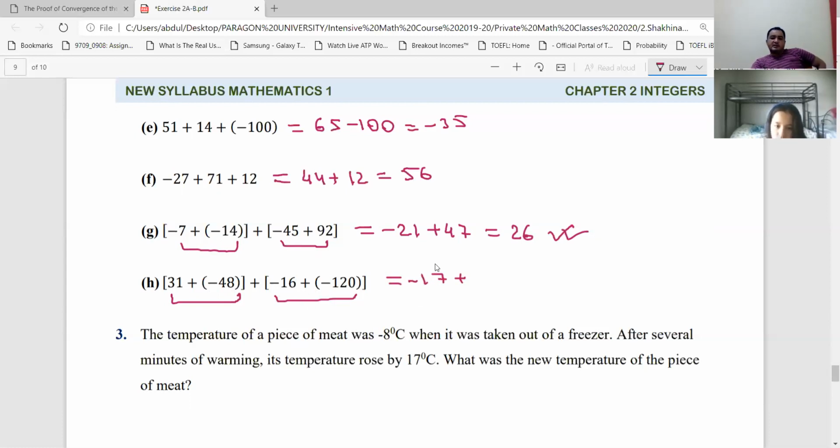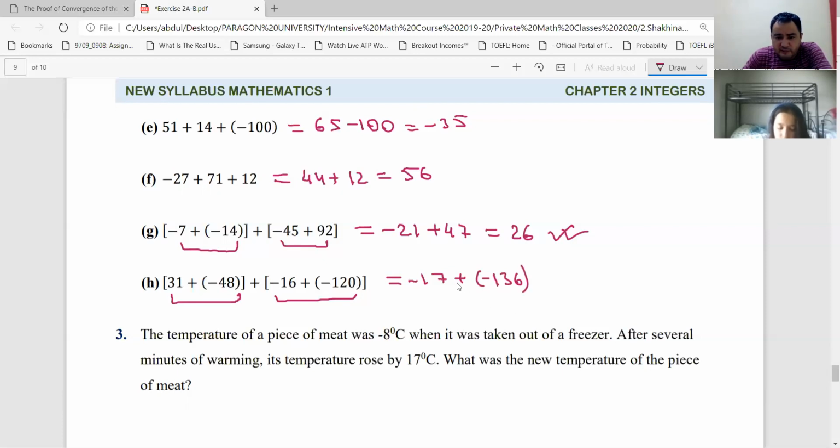Negative 16 plus negative 120 equals negative 136. Very good. Here we have negative 136.